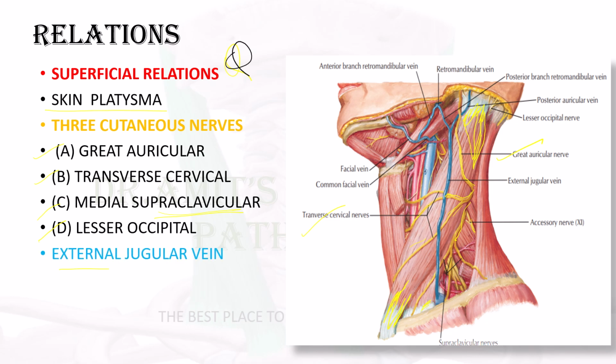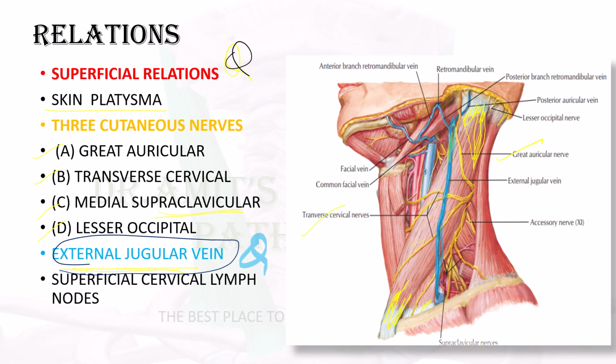External jugular vein, it is very important बच्चों. External jugular vein is above, जो आपको कई बार vein दिखाई देती है neck में, that is this vein. It is superficial to the sternocleidomastoids muscle. Then lymph nodes, and here we have the parotid gland. ये parotid gland है बच्चों, इसकी टिप भी sternocleidomastoids के superiorly होती है, superficially होती है.